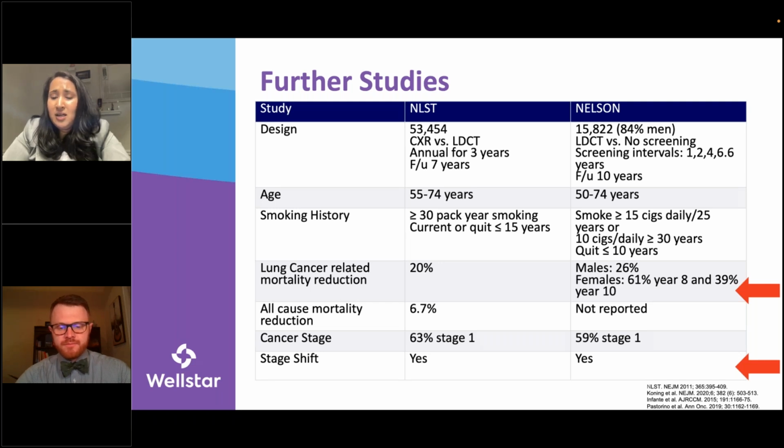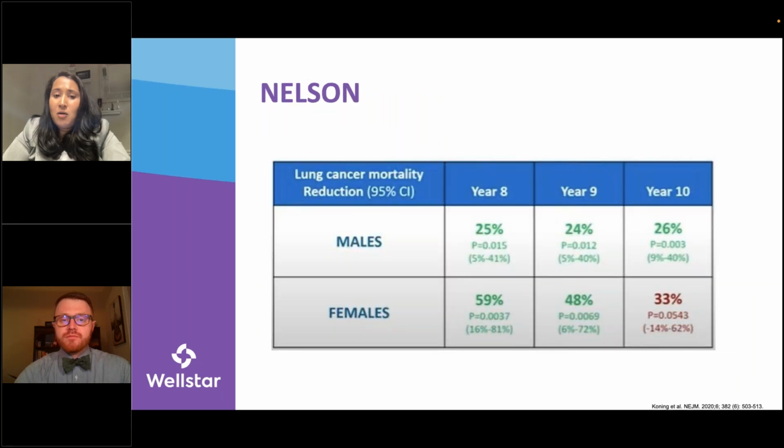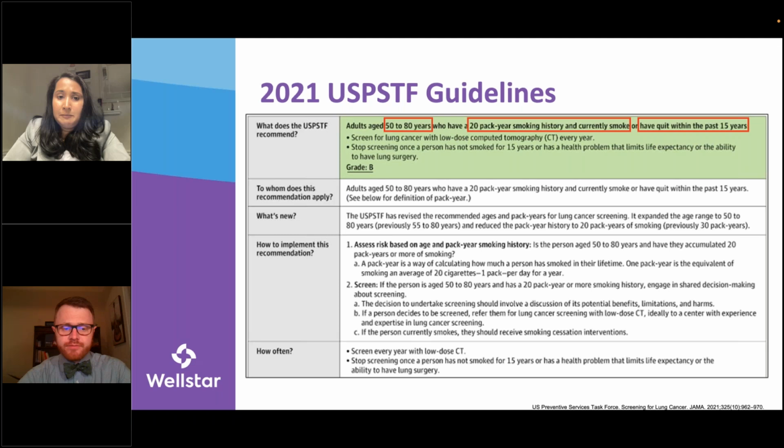As you can see there, the study predominantly had a male population, 84% male. When they mapped this out in a subgroup analysis later to see if there was a difference in mortality reduction between male and female, you can see that at year 8, year 9, and even up to year 10, there was more of a mortality reduction in female patients than their male counterparts when it came to lung cancer screening.